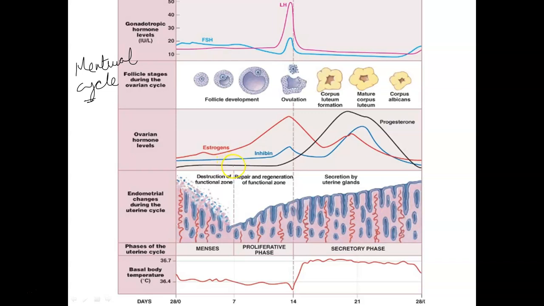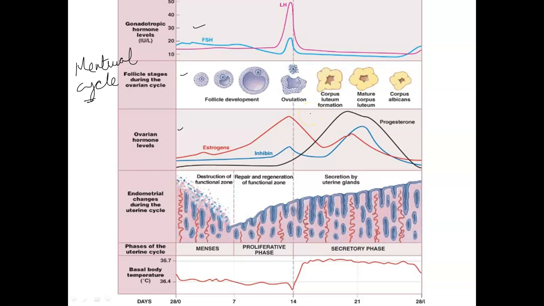The monthly cycle of changes occurring in the ovary, uterus, the ovarian hormones, the pituitary hormones, and the developmental changes of the follicular cells inside the ovary repeat every month. These cyclic events, occurring after every 28 days, around 1 month, are known as the menstrual cycle.